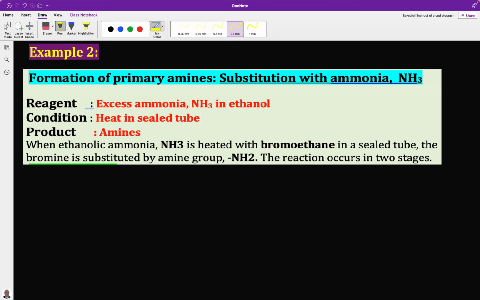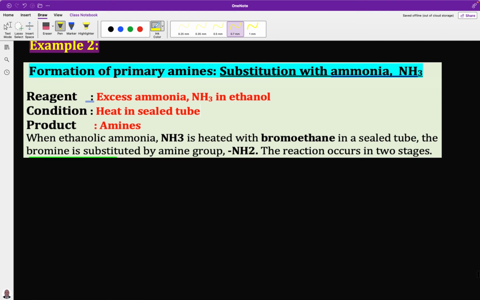So when ethanolic ammonia is heated with bromoethane in a sealed tube, the bromine is substituted by an amine group. The reaction occurs in two stages.